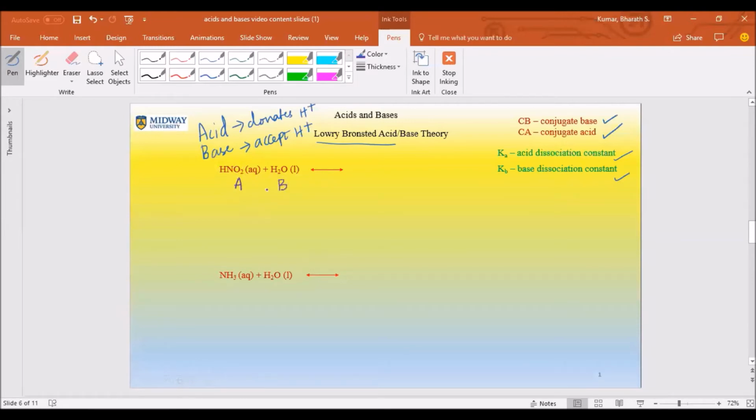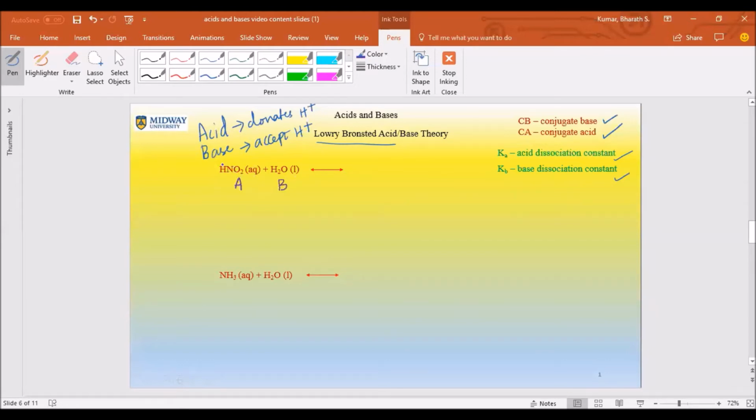You cannot have acid and acid, okay? This just makes no sense. This is base. If this is acid, this has to be base, all right? Because as I said, water can be acid or base, but that's for a different situation. For now, this is nitrous acid, which is A, because typically the aqueous species in this case is A, and this is B. So an acid donates a proton, right?